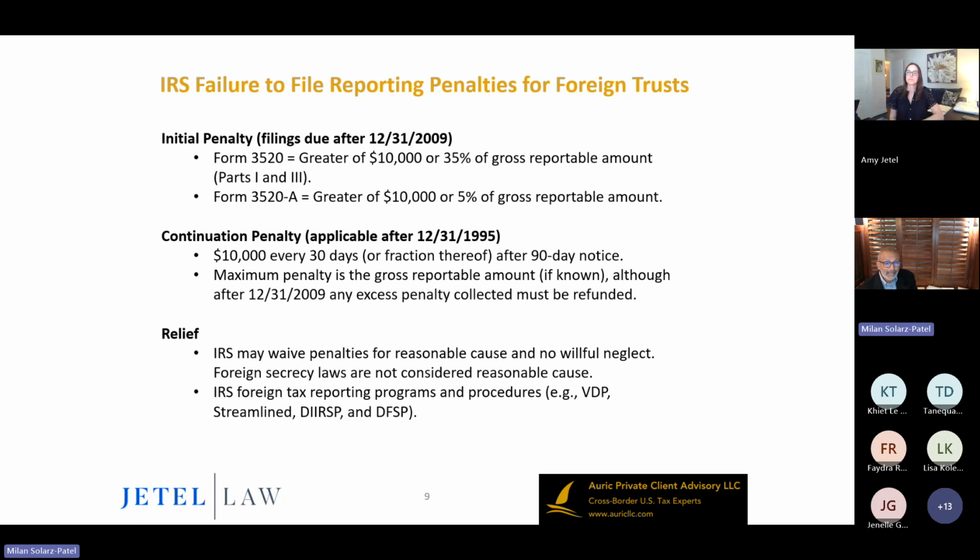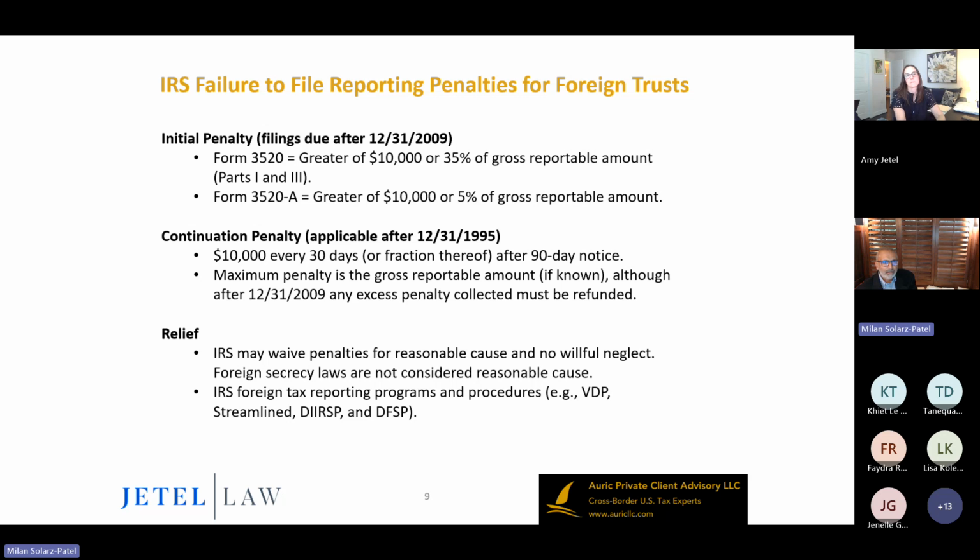It's the greater of $10,000 or 35% of the gross reportable amount on what should have been reported. Then the IRS will throw in, and I've seen them do this, a continuation penalty, where after you've been notified to file and you still continue not to, they will add on to that. So it can get pretty nasty.